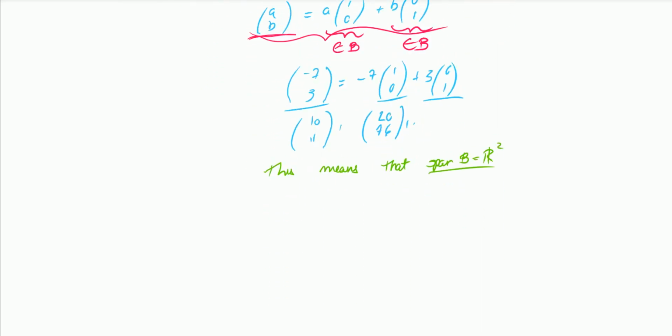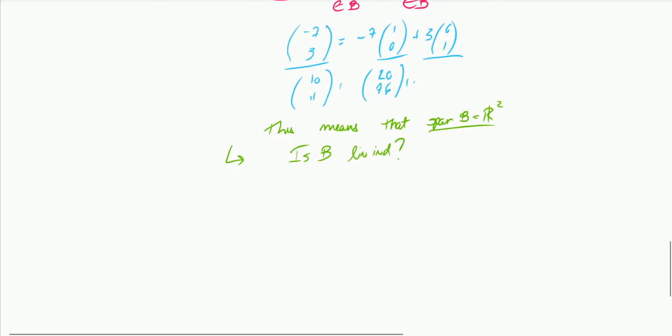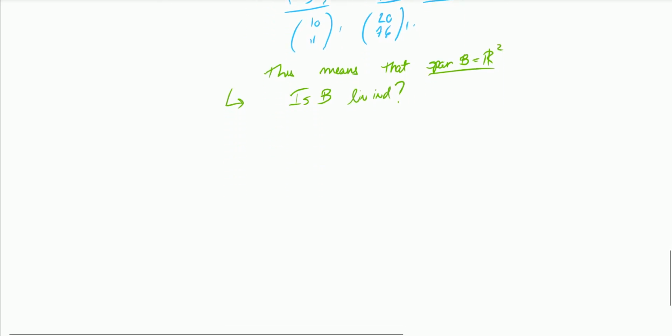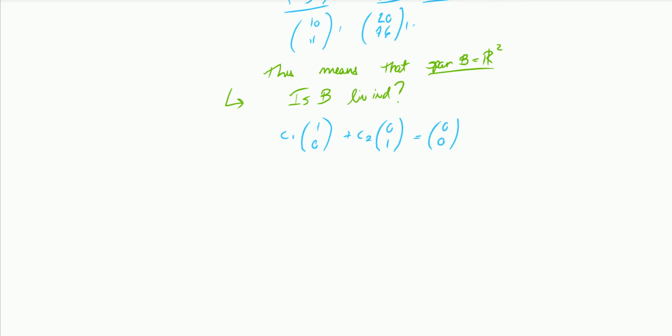The second condition is: is B linearly independent? Well, to check that, we need to create a system where we get c1(1, 0) plus c2(0, 1) is equal to (0, 0), and we want to check if the solution space is just the trivial solution, where we get all zeros.